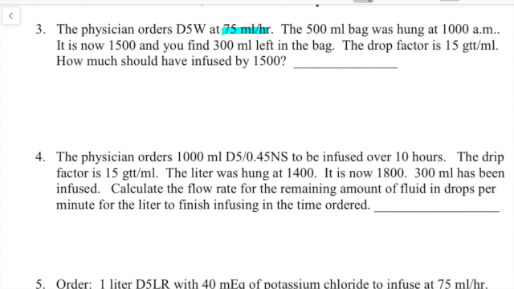So first we need to see how much time has gone by. The bag was hung at 10 o'clock. It is now 1500. So that means it's been 5 hours.